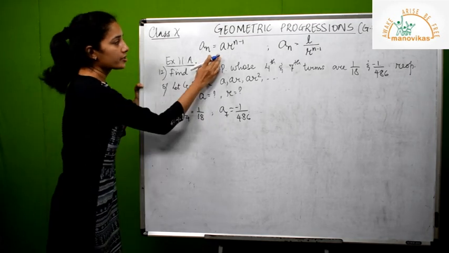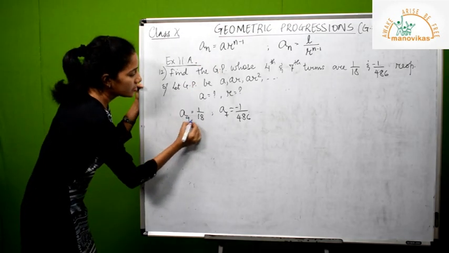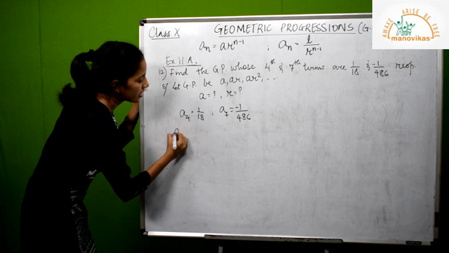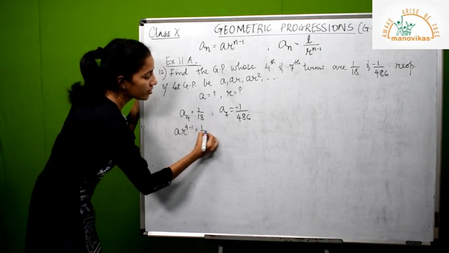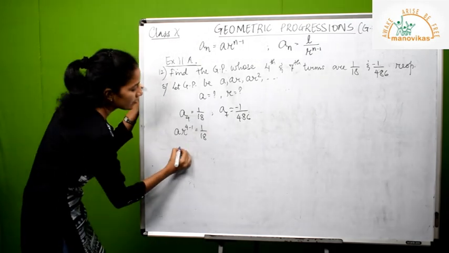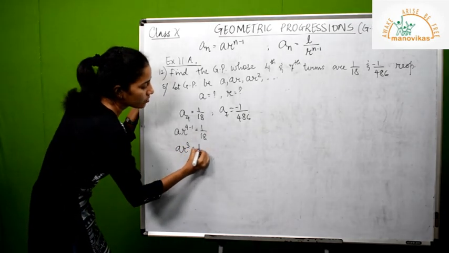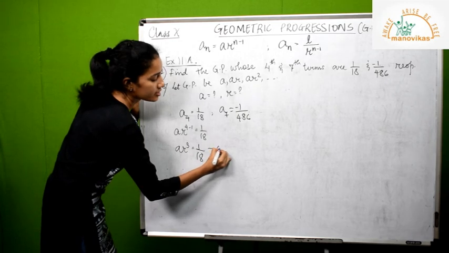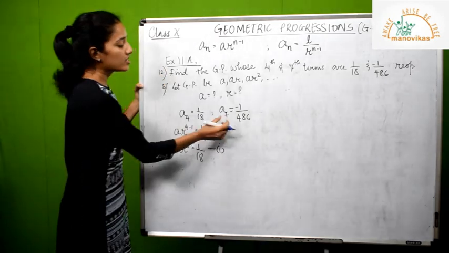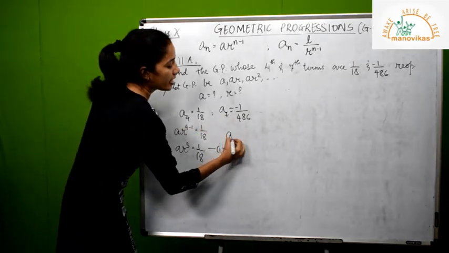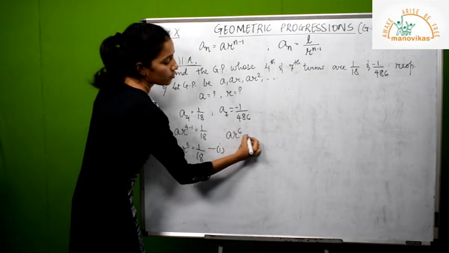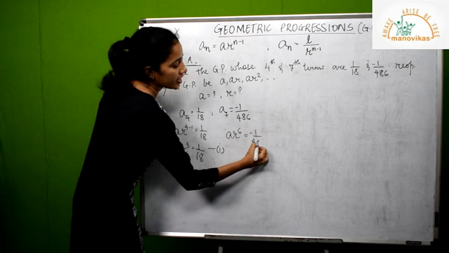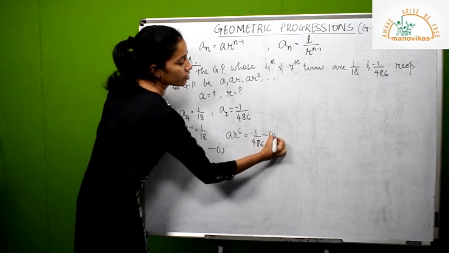Using the nth term formula, a r raised to 4 minus 1 is equal to 1 upon 18, which will be a r cube is equal to 1 upon 18. Let this be equation 1. Similarly, A7 will be a r raised to 7 minus 1, which will be 6, equal to negative 1 upon 486. Let this be equation 2.